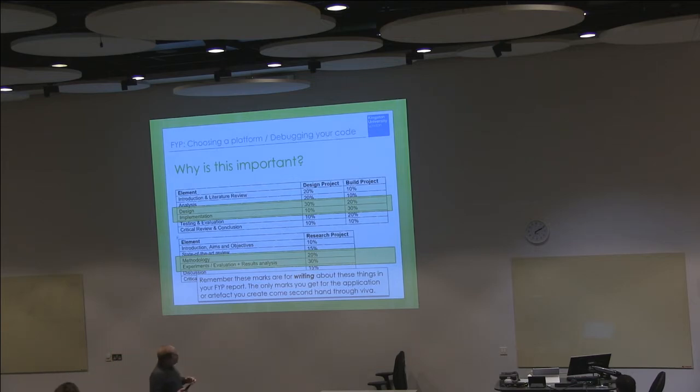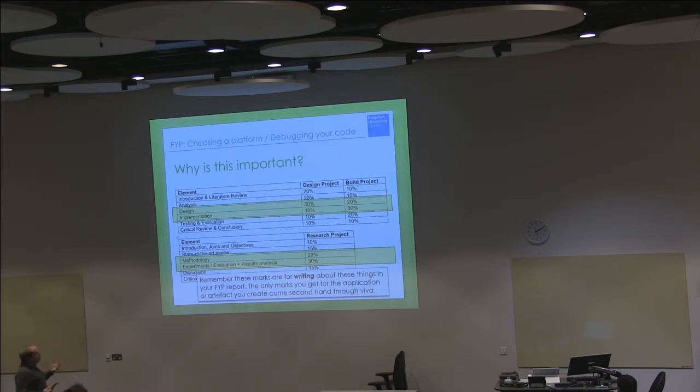And arguably, your technical design, your platform, the choices you make and the tale you tell about these things will cross-cut across these various elements of your final year project.